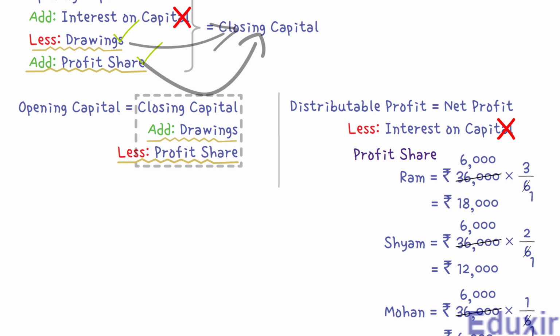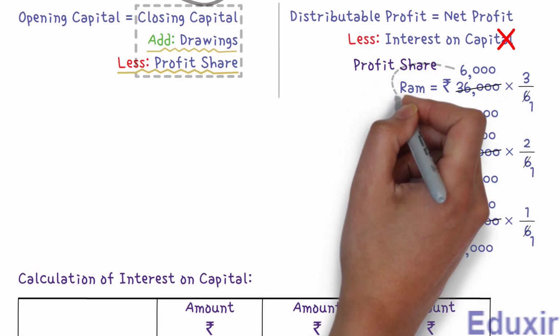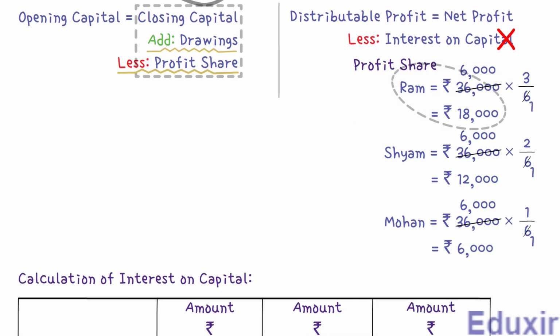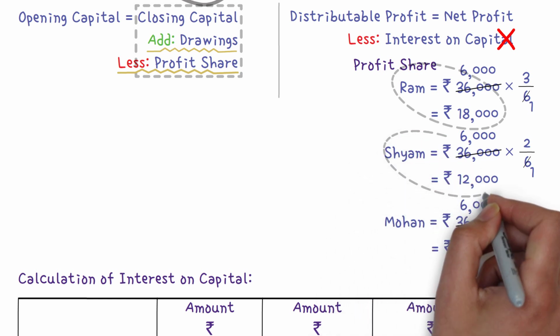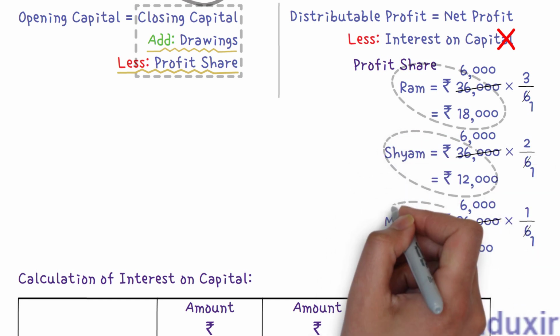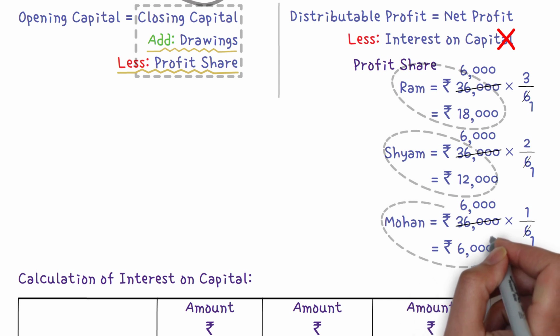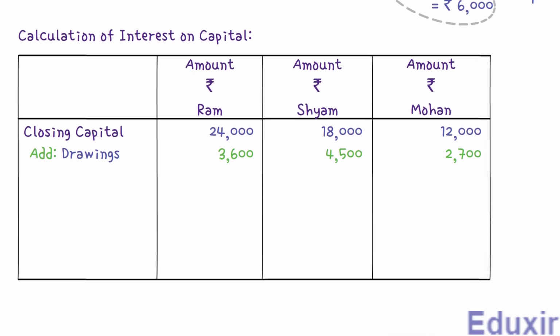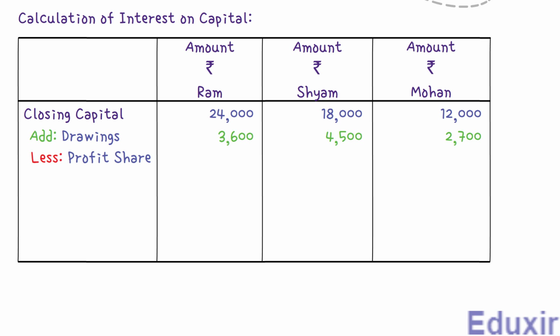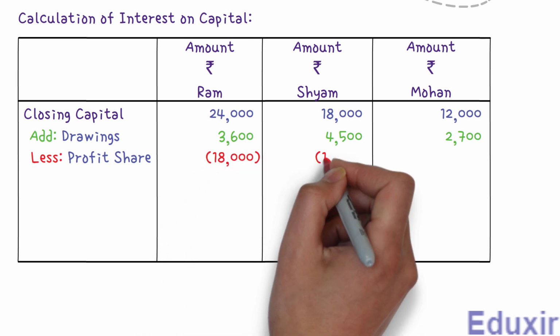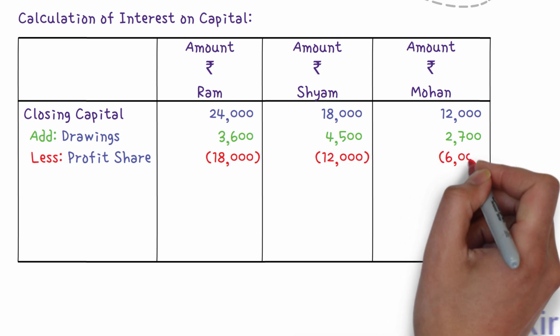And as we have just now calculated that the profit share of the partner Ram is 18,000 rupees, the profit share of the partner Shyam is 12,000 rupees, and the profit share of the partner Mohan is 6,000 rupees. So let's write less profit share. Let's write the profit shares of the individual partners as 18,000 rupees, 12,000 rupees, and 6,000 rupees.